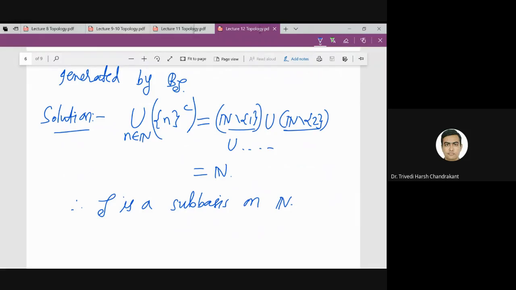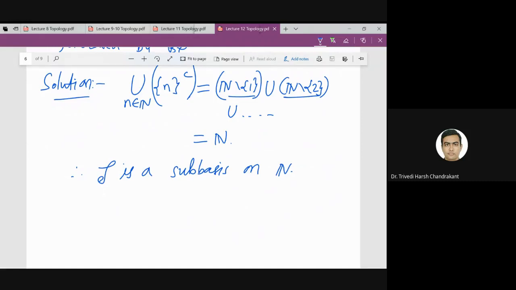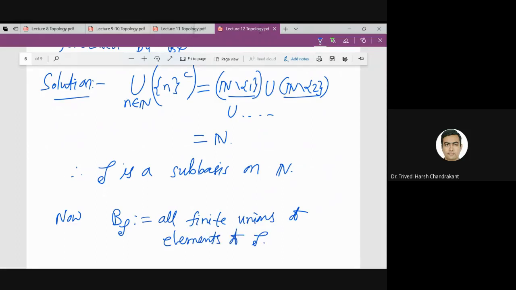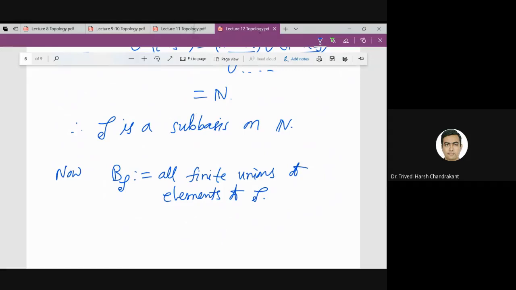Now what is B_S? B_S is defined to be all finite intersections of elements of S. Can you guess what this set will be?